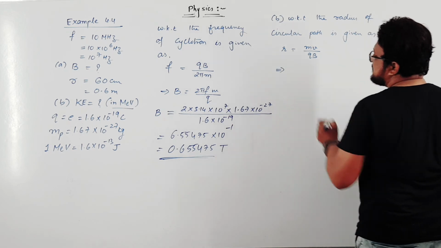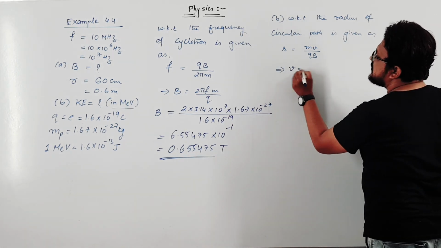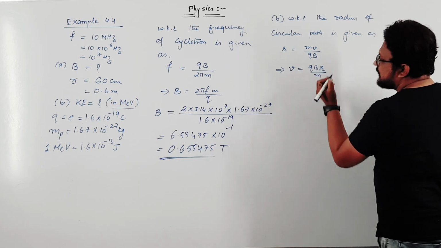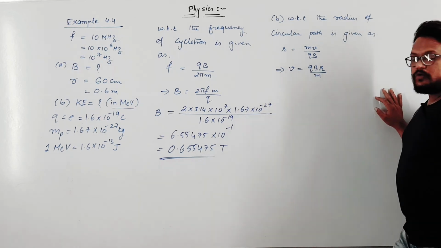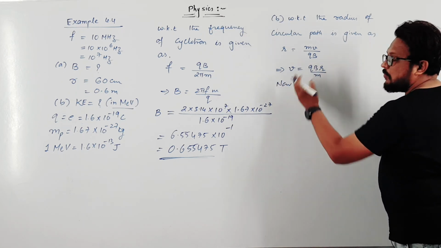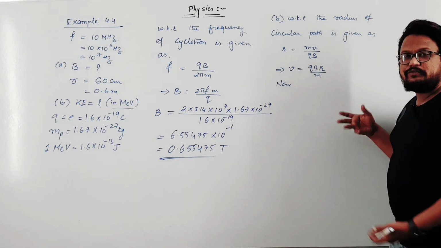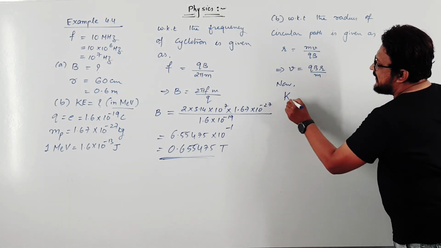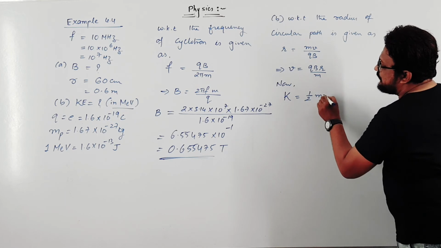So this implies that velocity v will be equal to qBr over m. If you want, you can simplify here, or we will simplify when we do the final calculation.